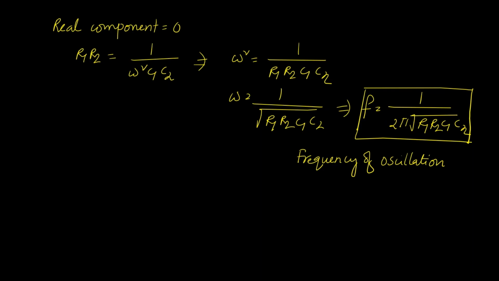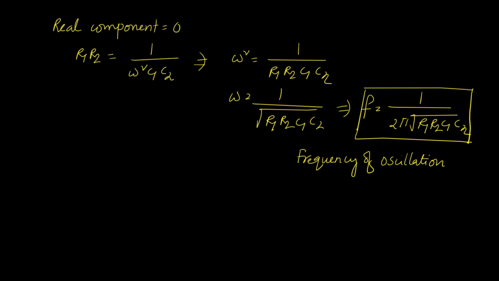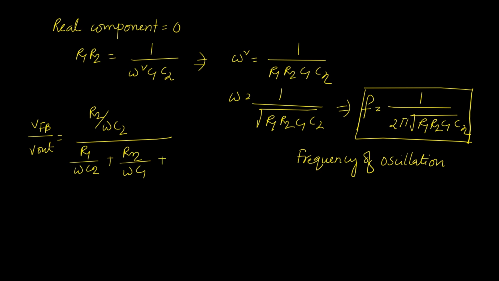So now, if the real part equals 0, then VFB by V out is equal to R2 by omega C2 by R1 by omega C2 plus R2 by omega C1 plus R2 by omega C2.